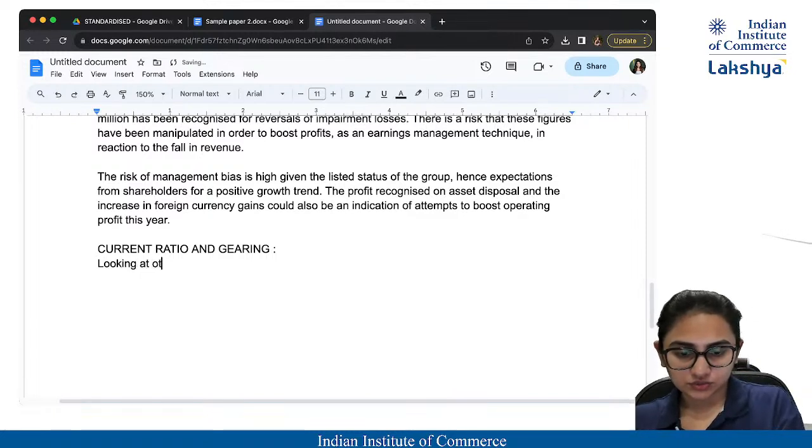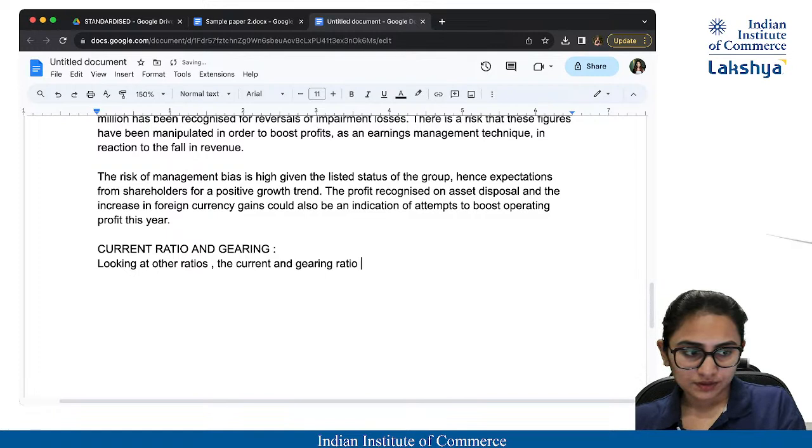Looking at other ratios, the current and gearing ratio do not indicate audit risk.